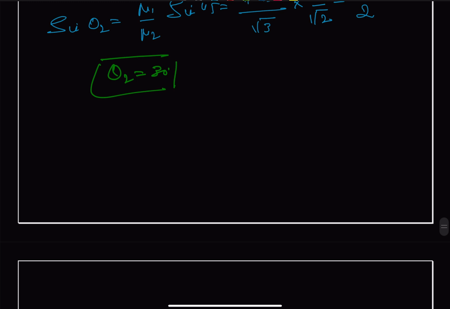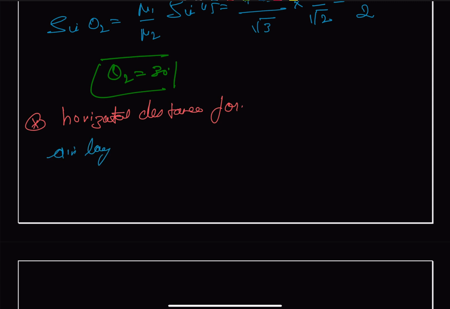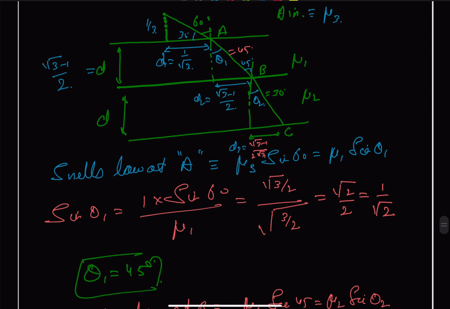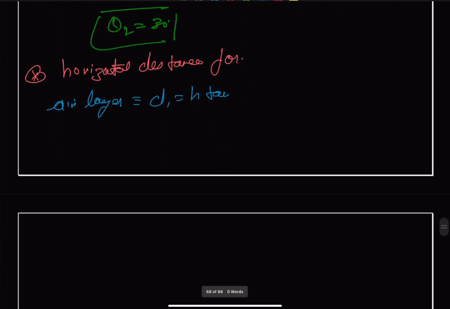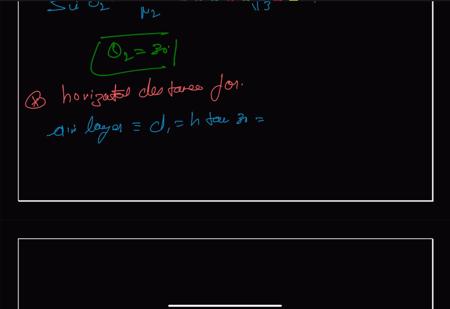So we can say the horizontal distance for the first, the air layer, that is d1, will be h tangent of 30, giving us 1 by 3 root 3. So this comes as 1 upon root 3.